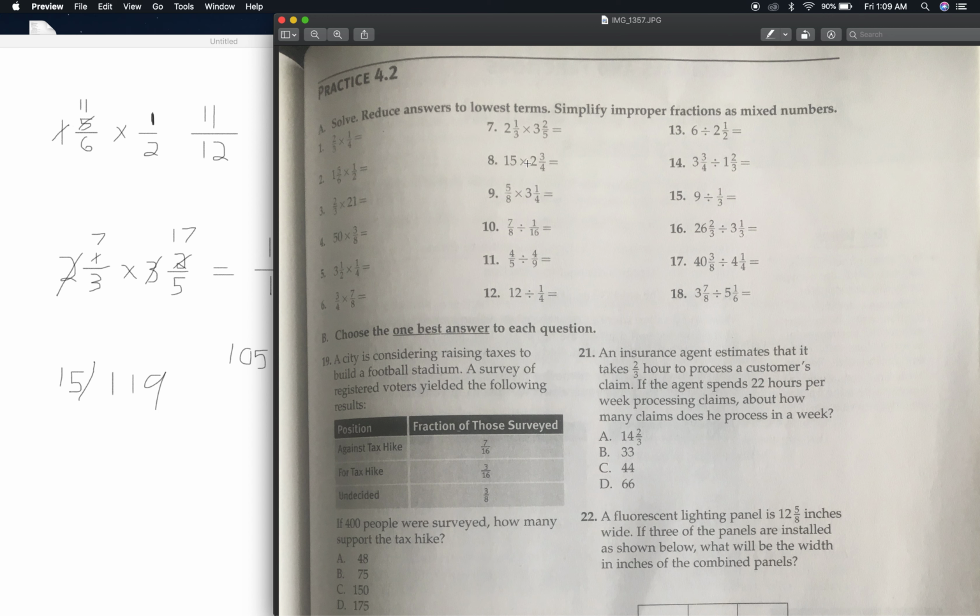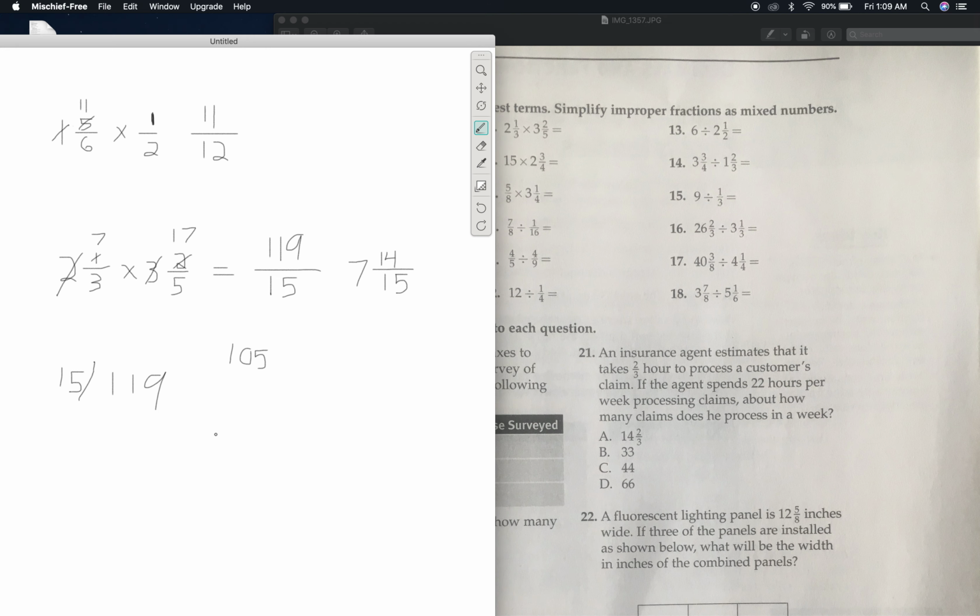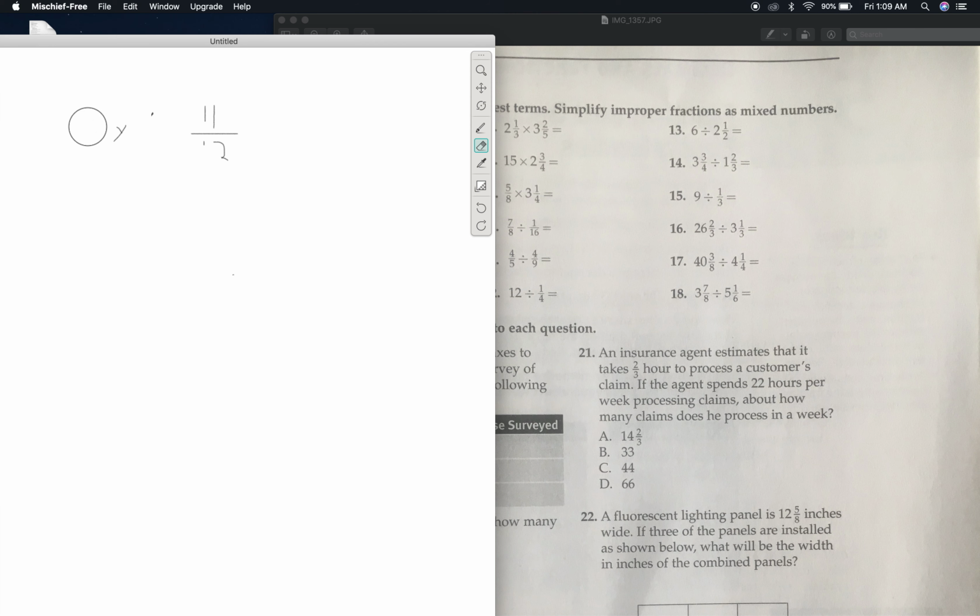Okay, now number 8 is 15 times 2 3/4. Let me erase some of this. So 15 times 2 3/4.